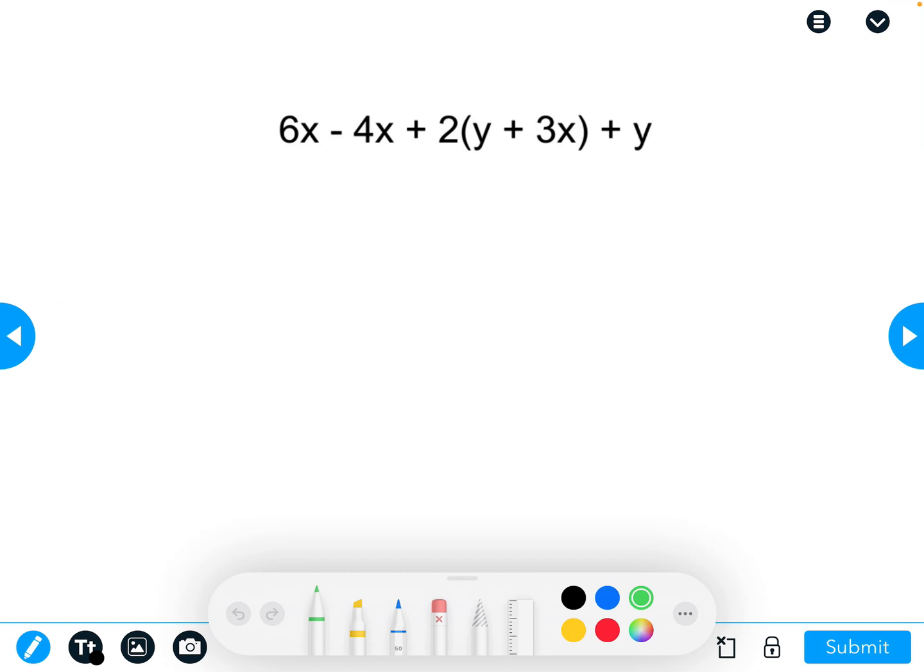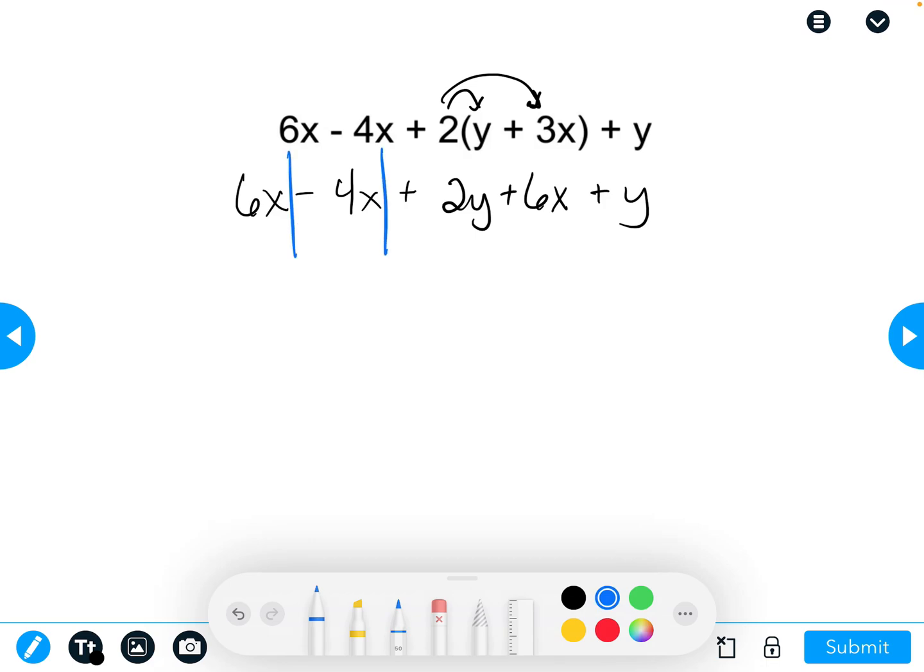So let's try this example. The first thing I'm going to do is distribute. And that gives me 2y plus 6x. Copy down the rest of the terms that are before and after it. And I like to separate this into terms for myself and then use different colors to find the like terms.